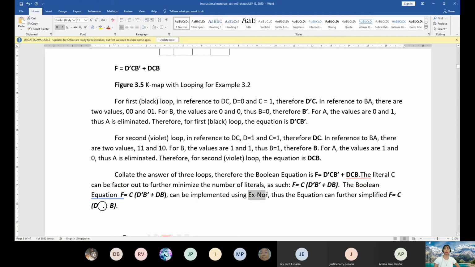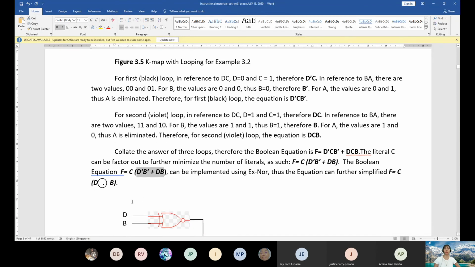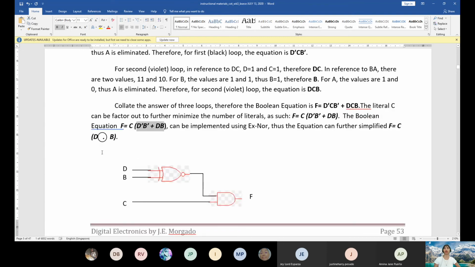So we can simplify that using D XNOR B. So D XNOR B is equal to D prime B prime plus DB. With that, this equation comes down to this. All you have to do is put the inputs D and B into an XNOR and then another AND. That will be your F.